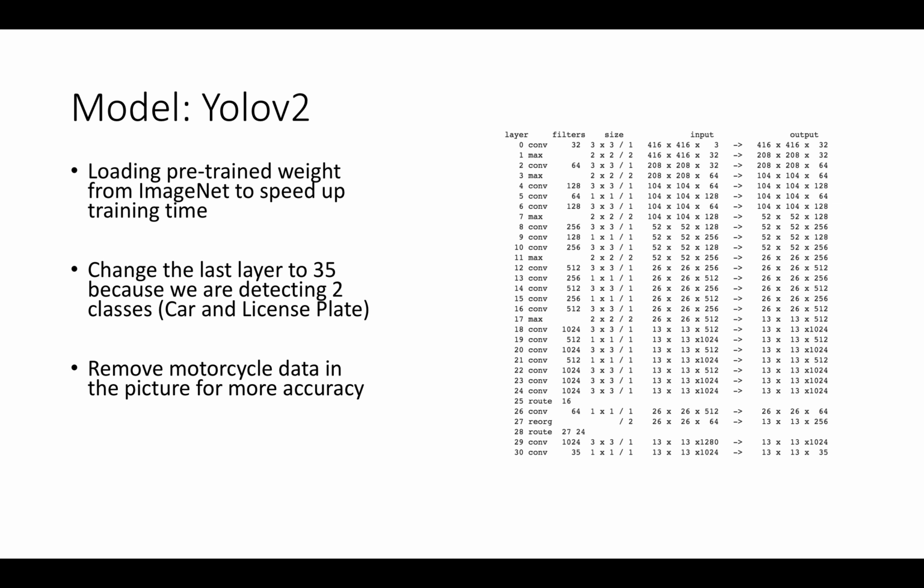And we load the pre-trained weights from ImageNet datasets to speed up our training time. We removed the motorcycle data in the middle of our project in order to get better accuracy and better detection. So we are only focused on cars and car license plates.